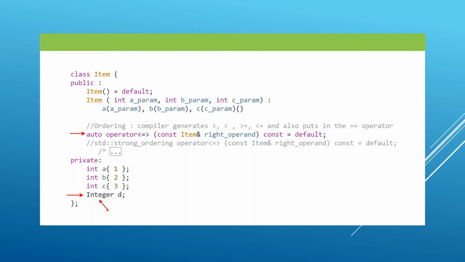The Integer class doesn't support the three-way comparison, and it doesn't support any kind of comparison whatsoever, so we can't really compare Integer objects. The compiler is going to see that you are trying to set up a three-way comparison operator, and it is going to delete this comparison operator here because you can't compare these guys. So you're going to get a compiler error if you try to set up something like this.